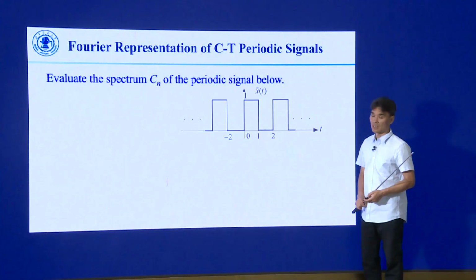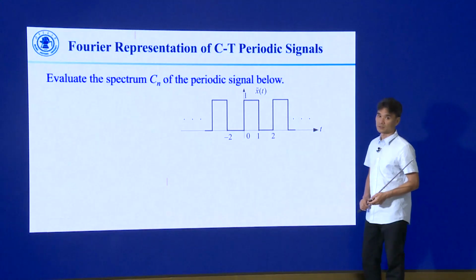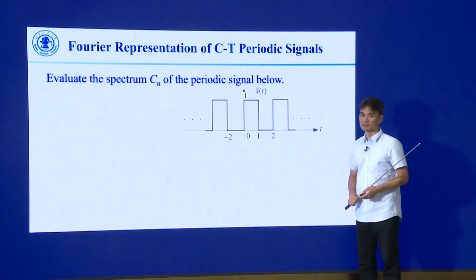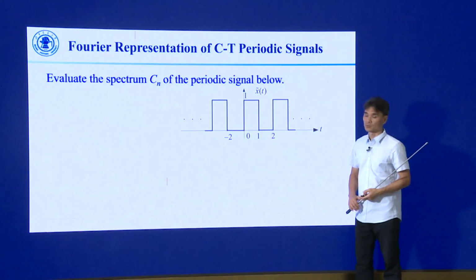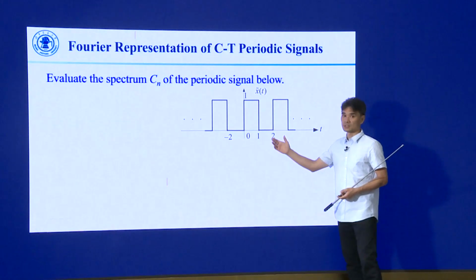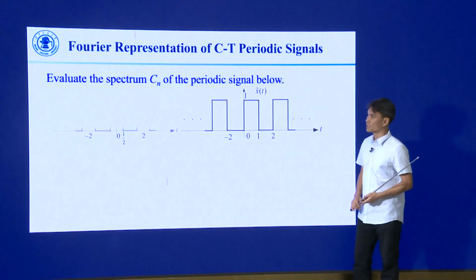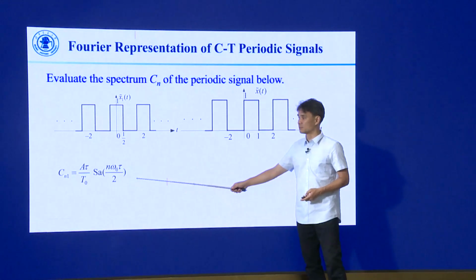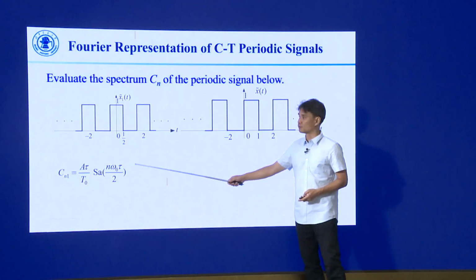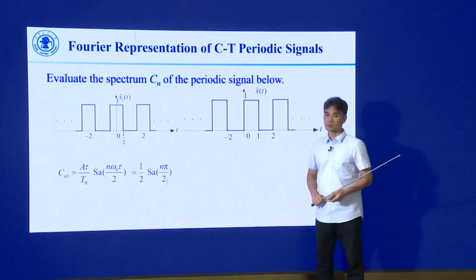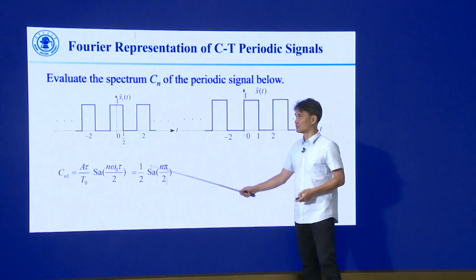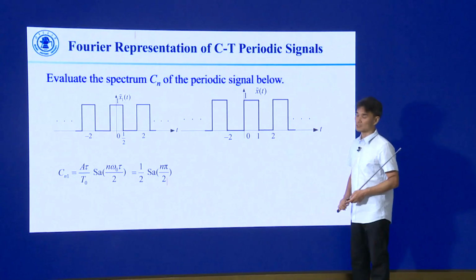The next is an example of how we can make use of the shift property to help us simplify the evaluation of the spectrum. Here we ask you to calculate the spectrum of this rectangle signal. We already know that for the symmetric periodic rectangle signal, the corresponding spectrum is something like that. If we replace the parameters using the specific numbers here, then this is the spectrum of the rectangle periodic signal.